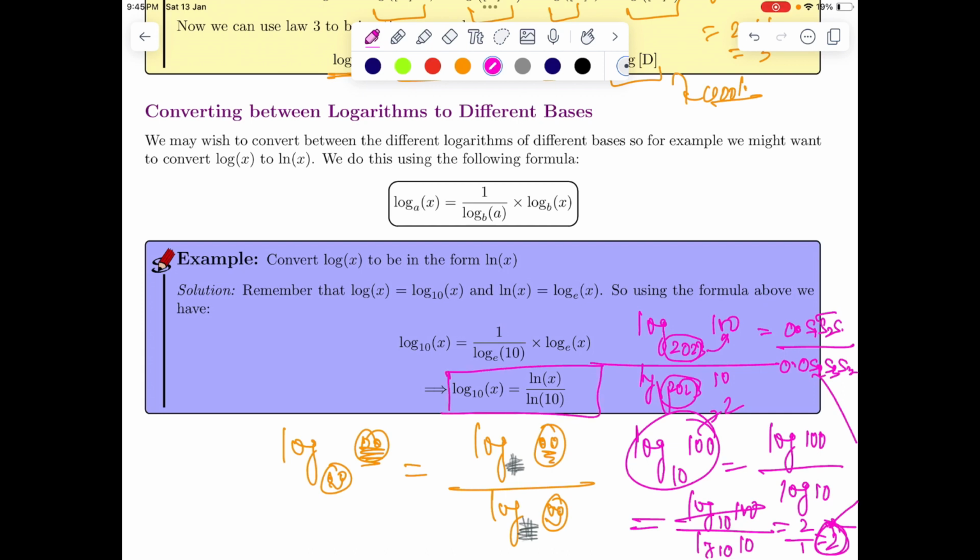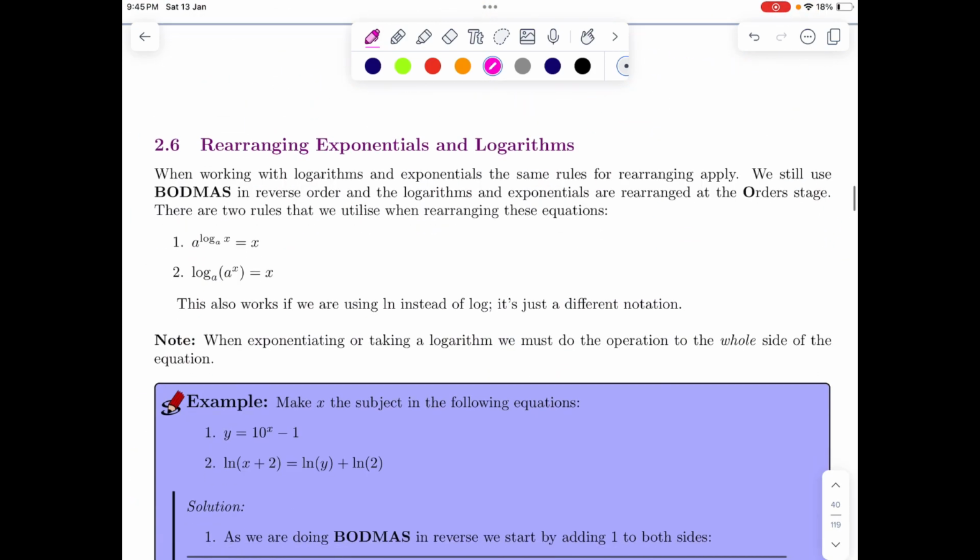Now fraction by fraction definitely can be true, so it makes sense. Anyway, so this is how you convert it. Log base 10 of x can be written as log x by log 10. And now usually in chemistry equations we're interested in base e, so by our symbolic representation it is ln x by ln 10. So this is what is written over.